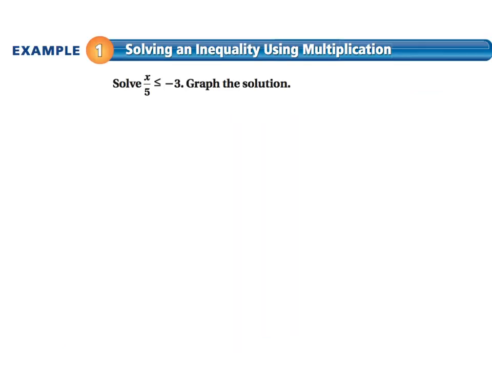So here's our example 1. Solving an inequality using multiplication. I am going to multiply by the reciprocal. The opposite of multiplying by 1/5 is multiplying by 5. It's the same thing as asking, what's the opposite of divide by 5? It's multiplying by 5. So the 5's cancel.